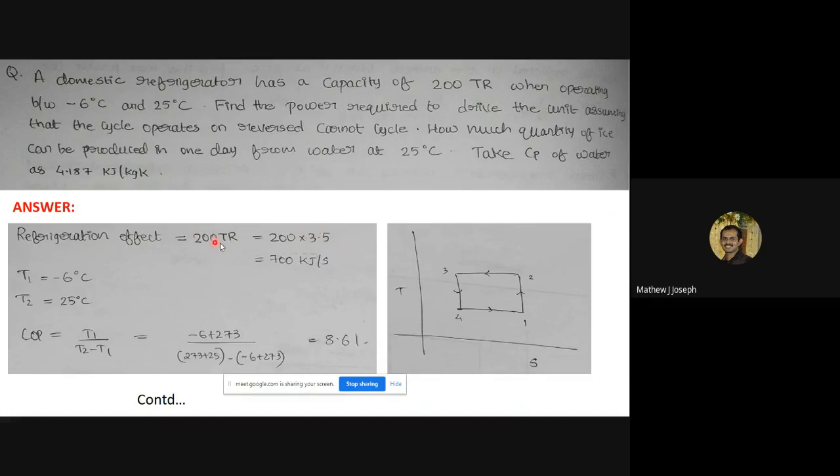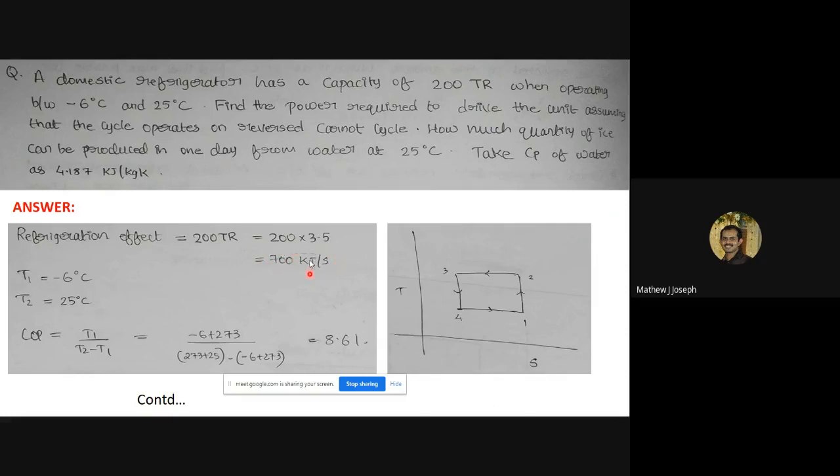So 200 TR means 200 times 3.5, which is around 700 kilojoules per second. So reading the first line itself, we were able to calculate the refrigeration effect produced by our domestic refrigerator, which is 700 kilojoules per second.